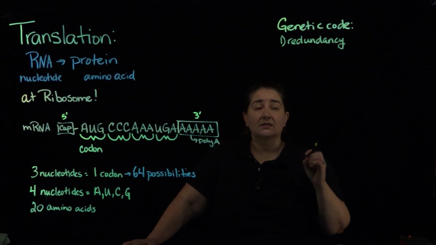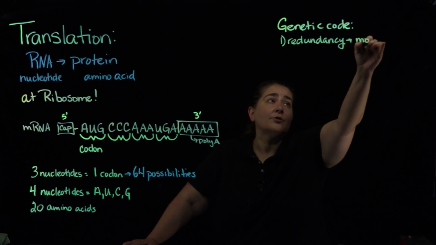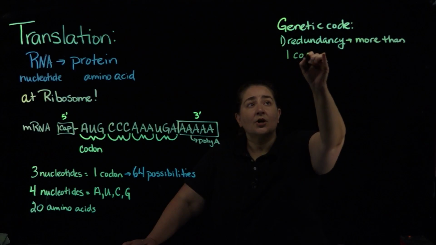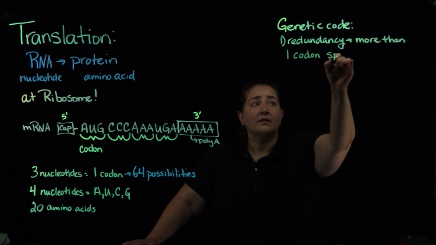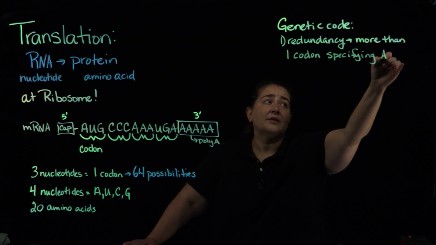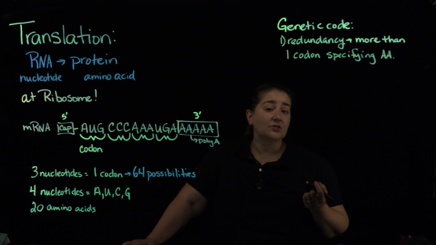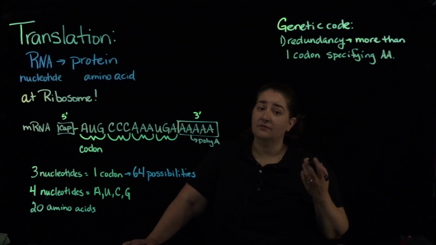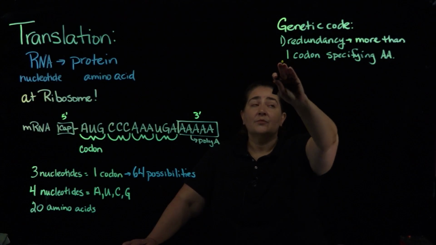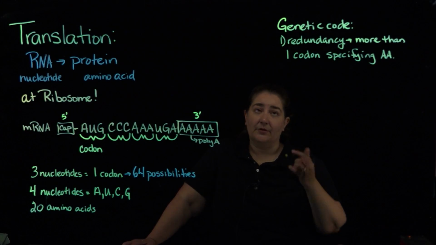And what that redundancy means is sometimes you have more than one codon specifying a particular amino acid. Okay? Now in some cases on there you're going to have just one codon that specifies just one particular amino acid. And that's okay too. But the redundancy we've got there, you've got more than one codon that specifies a particular amino acid.